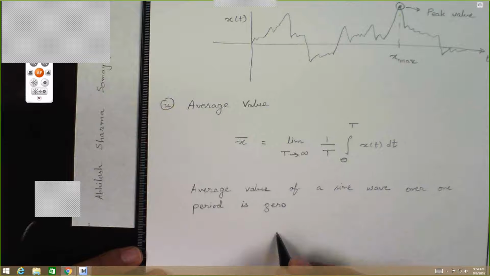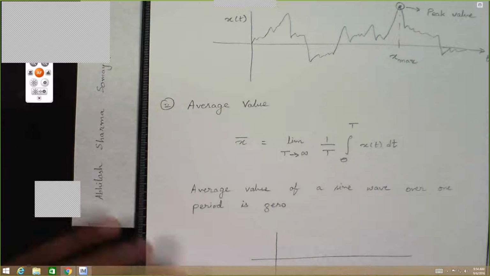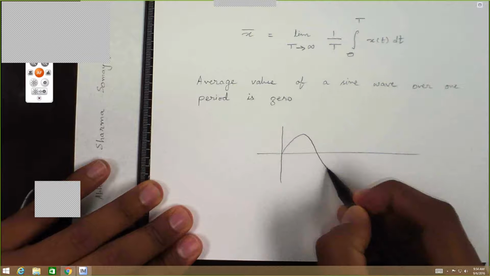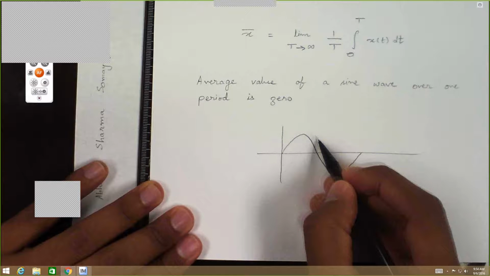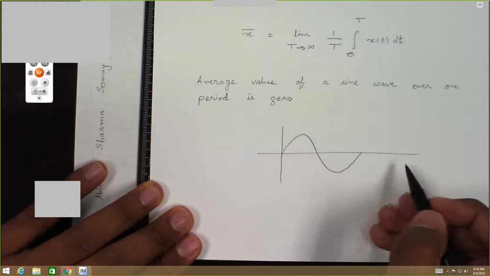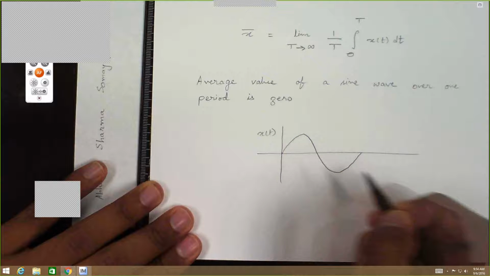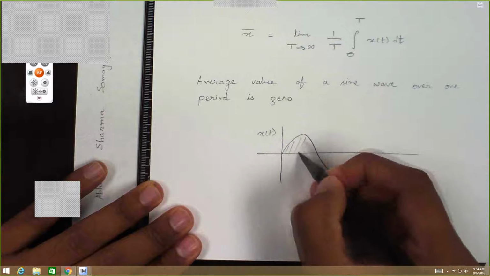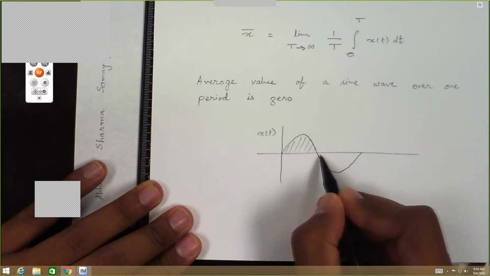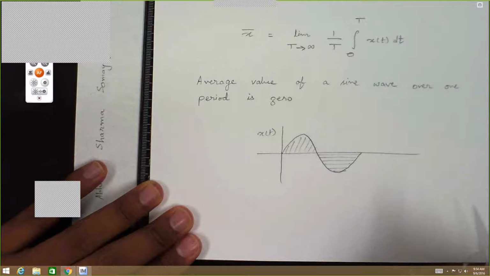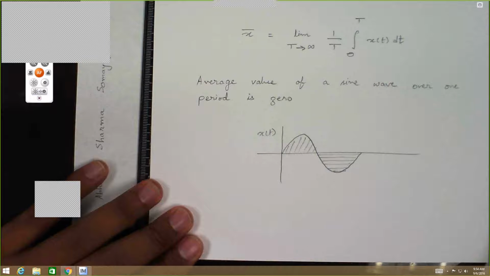Because in one time cycle, it goes up and down. So when you integrate this process x of t from 0 to t, this area is equal to this area. But they're opposite in sign. So when you add them two up together, you get nothing but 0.